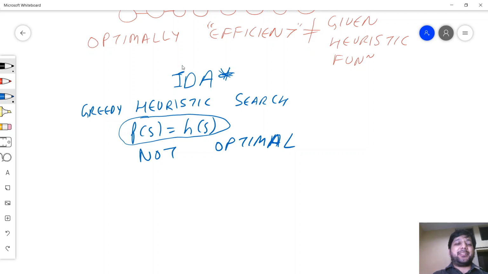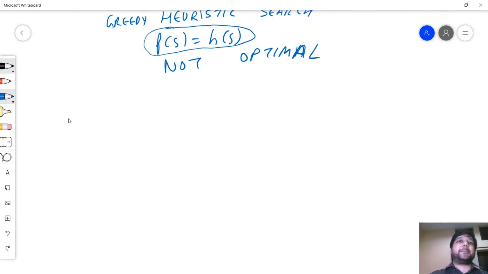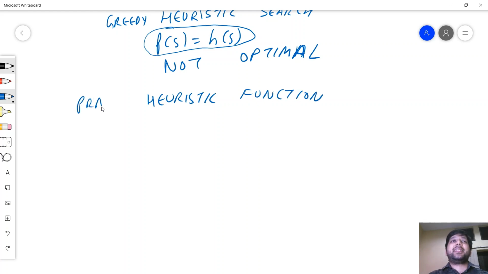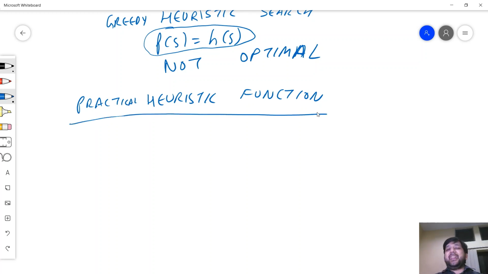Now, the final topic that, of course, I will touch upon very briefly is what happens practically. You make a heuristic function using all the methods that I told you, the relaxed problem method.